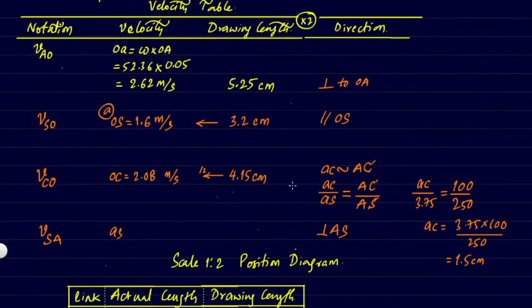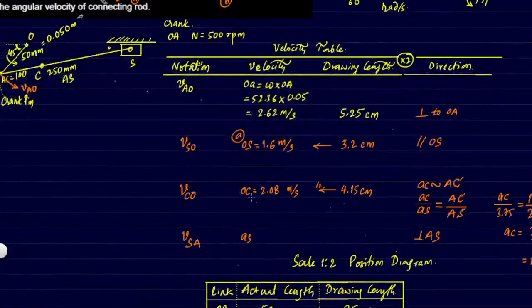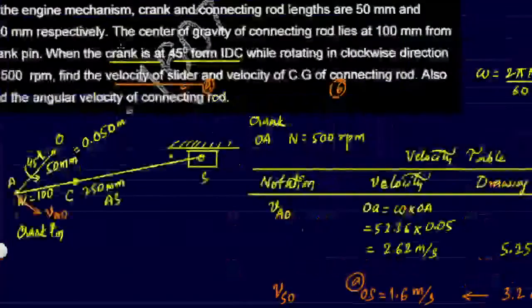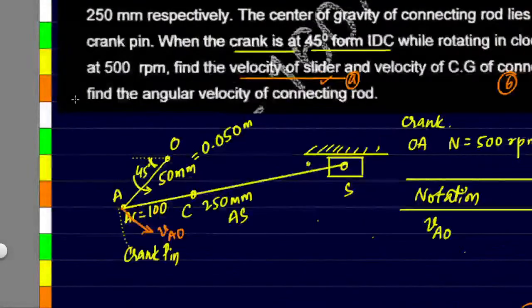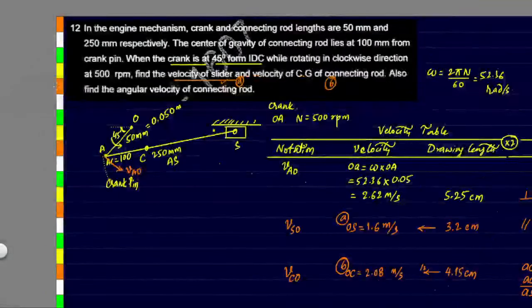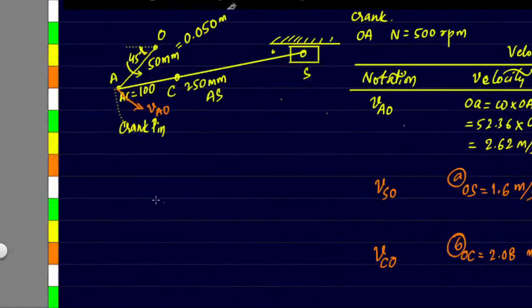And we have been asked to find the absolute velocity. That's what we have found. So this bit also has been found. Next, is he also asking anything else? Also find the angular velocity of the connecting rod. The angular velocity of the connecting rod, you can write it as omega AS.